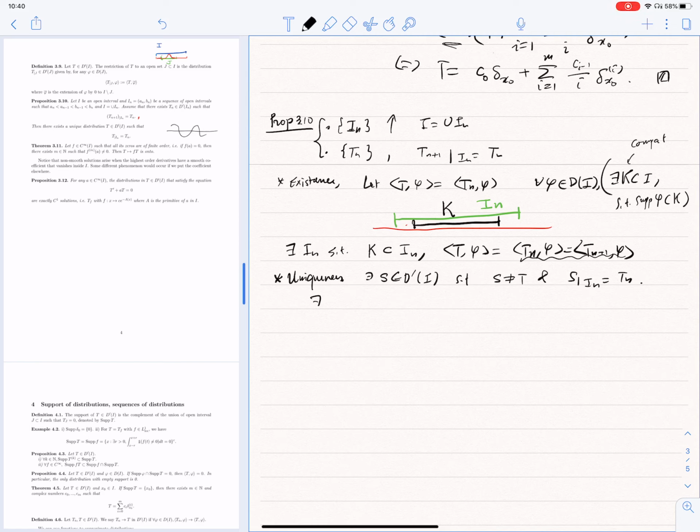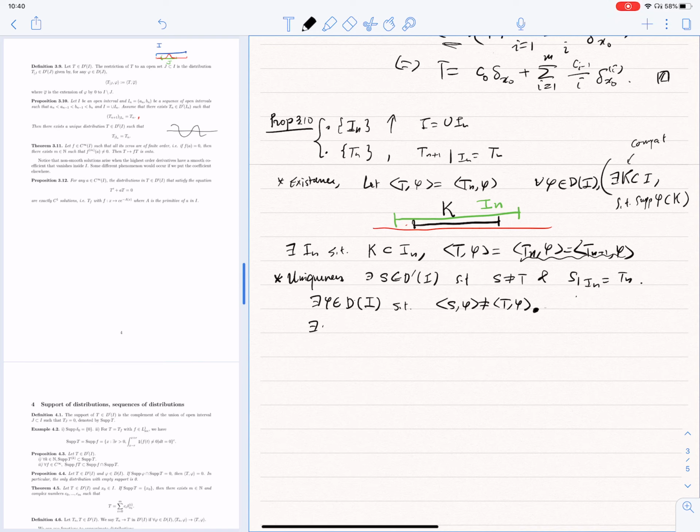Since they are different, there exists a test function phi such that S(phi) is different from T(phi).